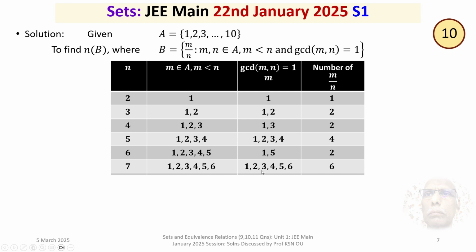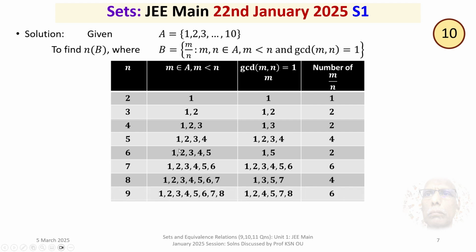All these 1, 2, 3, 4, 5, 6. And the m by n's number is 6. Next 8. Elements of A which are less than 8 are 1, 2, 3, 4, 5, 6, 7. And those elements which are relatively prime with 8 out of these are 1, 3, 5, 7. They are 4 in number. The number of m by n will be 4.